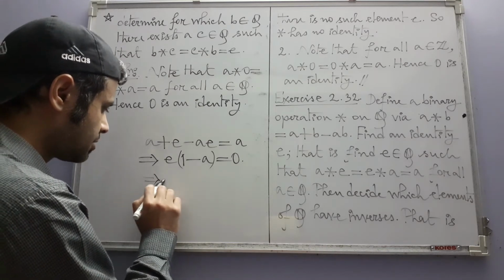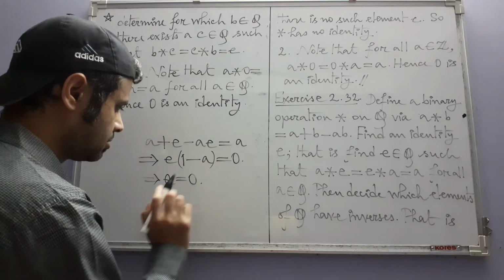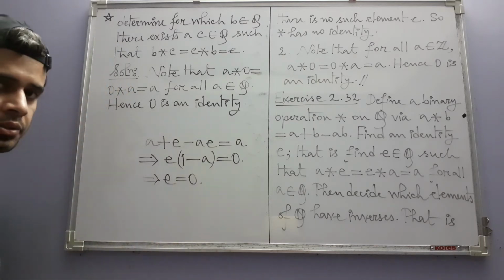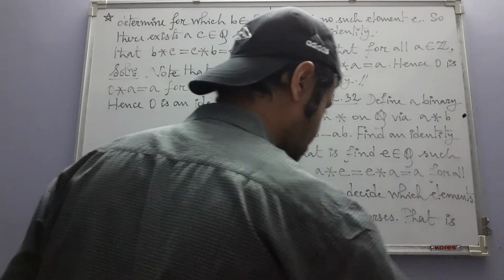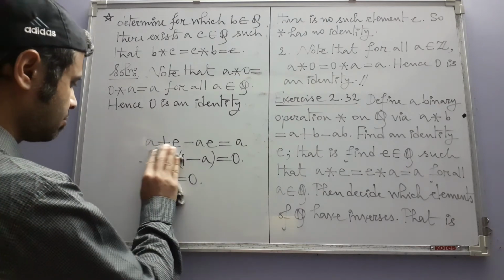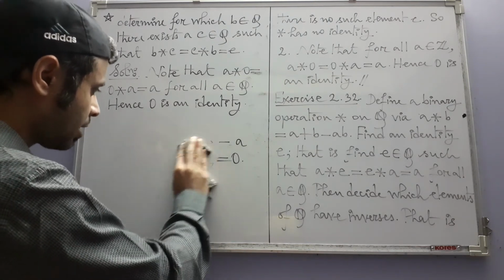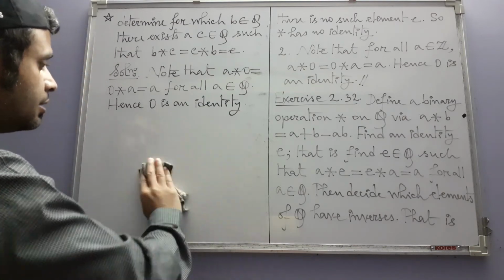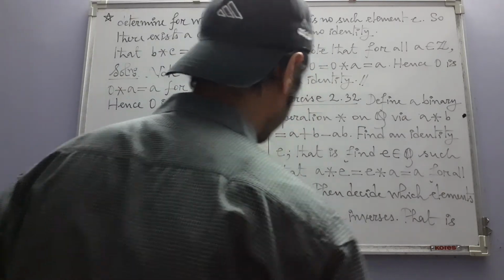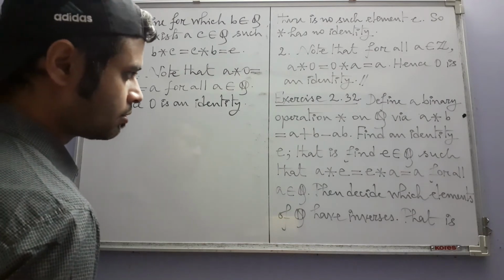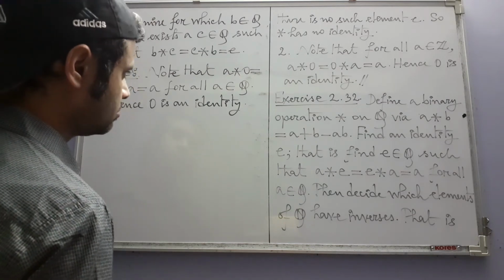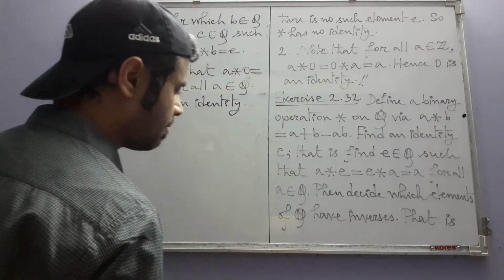So the only possibility is E equal to 0. So this is the only identity. One can in fact find out this identity in this way.